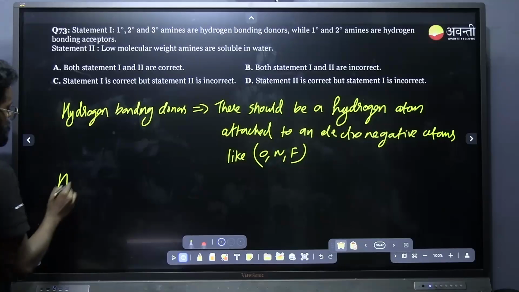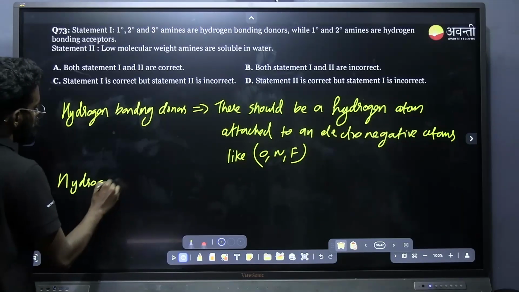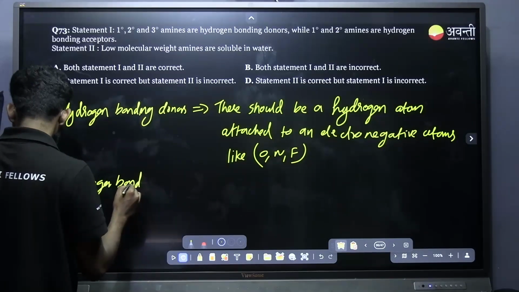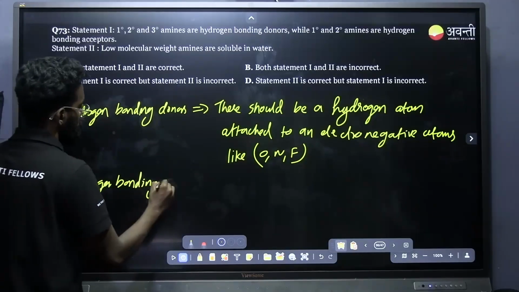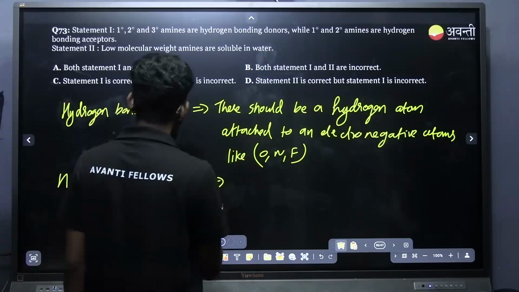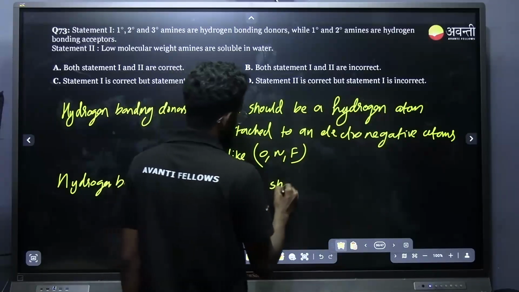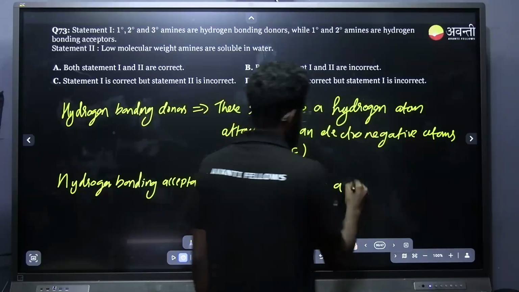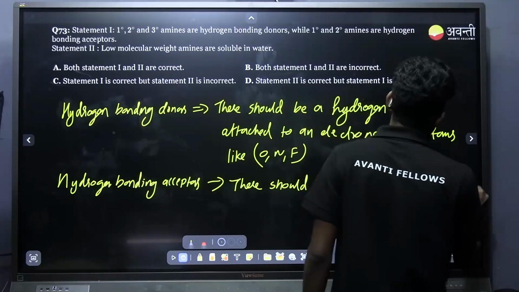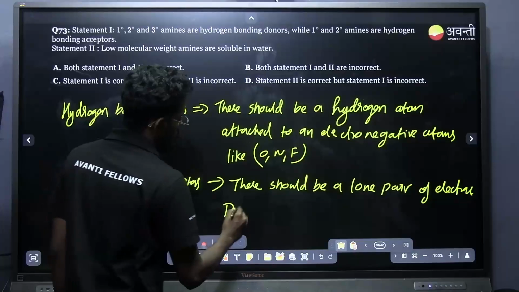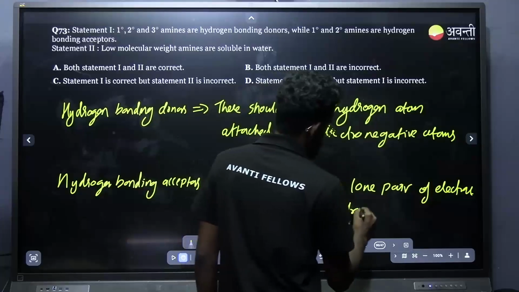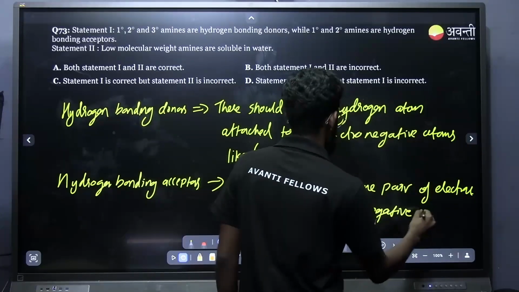What are hydrogen bonding acceptors? For a hydrogen bonding acceptor, there should be a lone pair of electrons present on the electronegative atom.